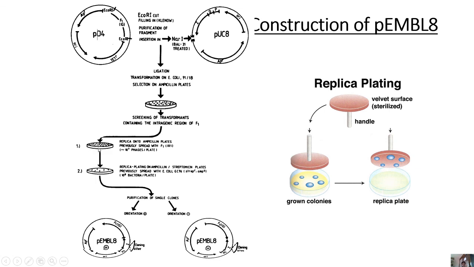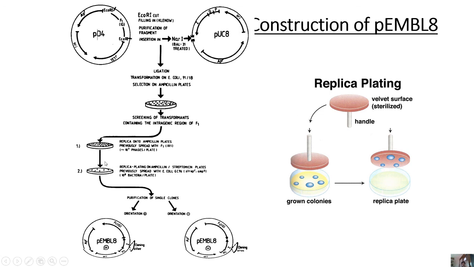Here in this step, you will get single stranded forms of the pMBL8, and in the next step, we are going to introduce these phages, this pMBL, into bacterial cells again. So you have to replica plate these phage progenies onto another plate having bacterial cells in that.